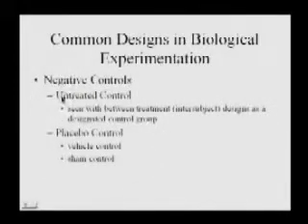There can also be untreated negative controls. This is seen with the between-treatment or inter-subject designs as a designated control group. Sometimes it's called a naive control group. There can also be a placebo control group. We saw the vehicle control in the previous example, where the saline was the vehicle or the diluent, so it was injected.